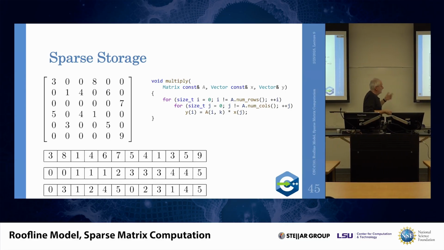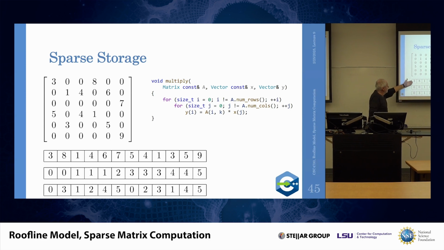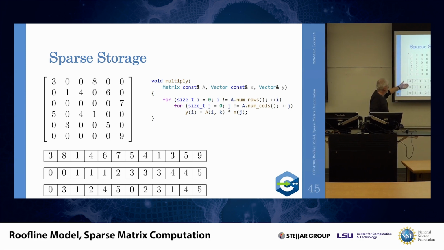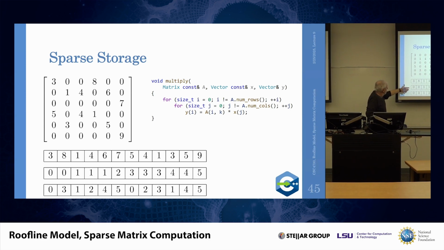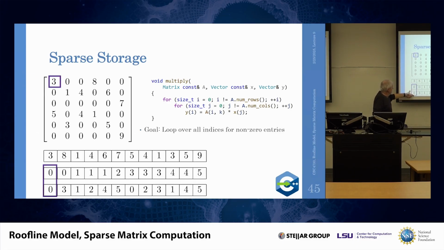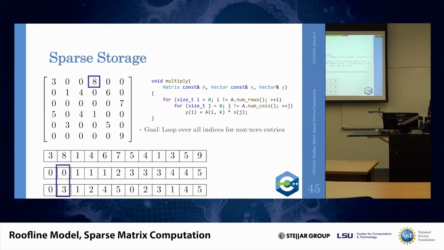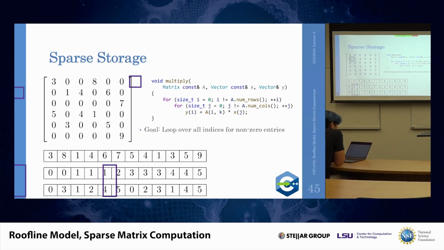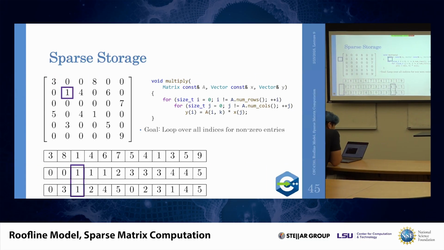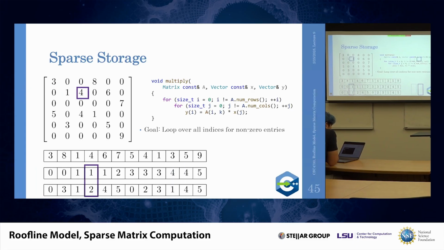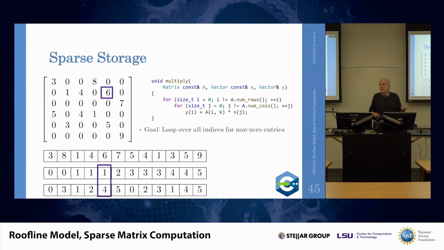So we have to store that somehow. So let's store these values together with our actual values. Here are the indices. The 3 is at 0, 0. The 8 is at 0, 3. The 1 is at 1, 1. The 4 is at 1, 2. The 6 is 1, 4, and so on.